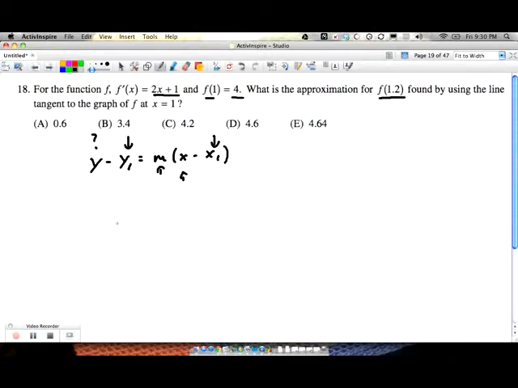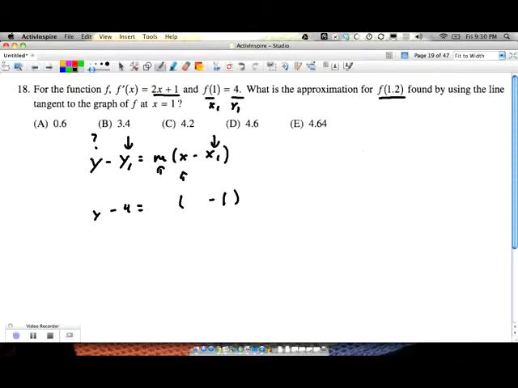So let's get our x1 and y1. Here's our x1 and y1 here. Well, that means we have y minus 4. And then on the other side, we're going to have x minus 1. We also know our slope. f prime of x equals 2x plus 1.